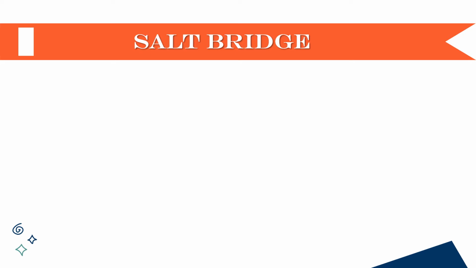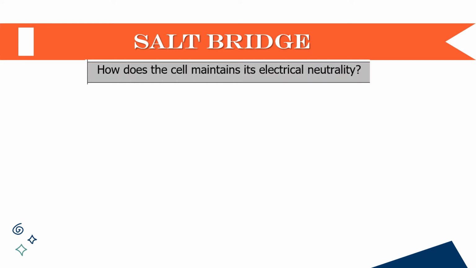For the first function of the salt bridge, to complete the circuit, I think you can see very clearly how the salt bridge completes the circuit. The second function: how does a salt bridge maintain electrical neutrality in the whole electrochemical cell, in the whole galvanic cell?